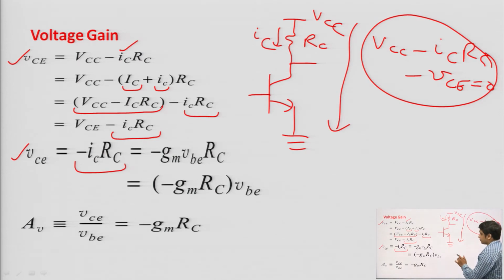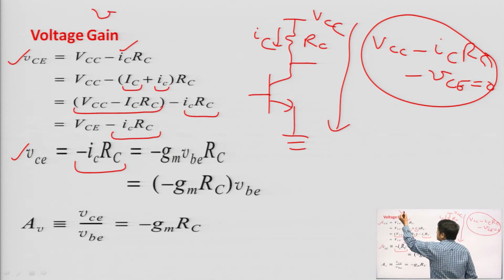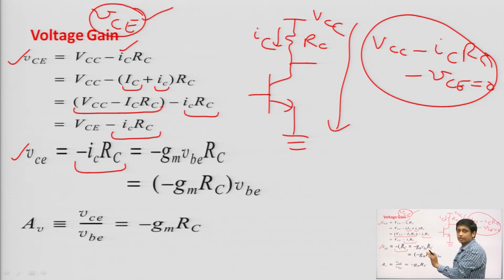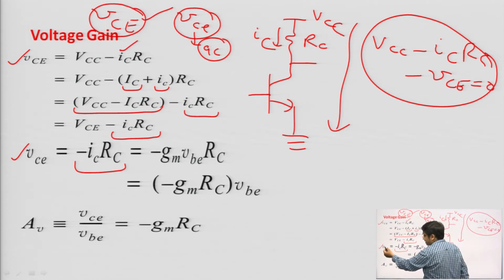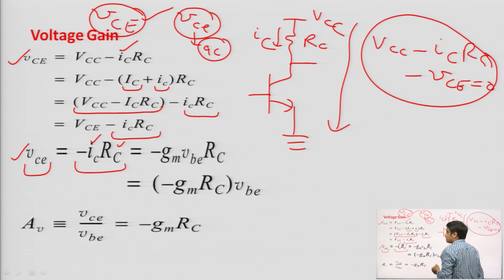Here do not be confused, the term small v capital C capital E is the total collector to emitter voltage, a summation of DC plus AC, and small v small c small e is the AC quantity. That is why the AC quantity small v small c small e is equal to the AC collector current into collector resistance RC, and we know that small i small c value is Gm into Vb.